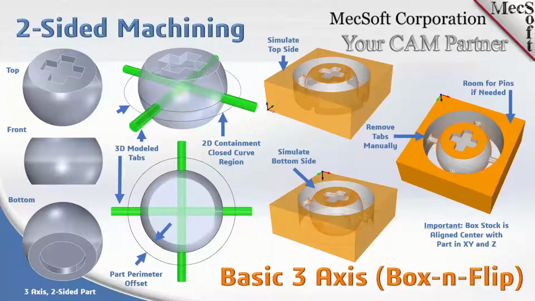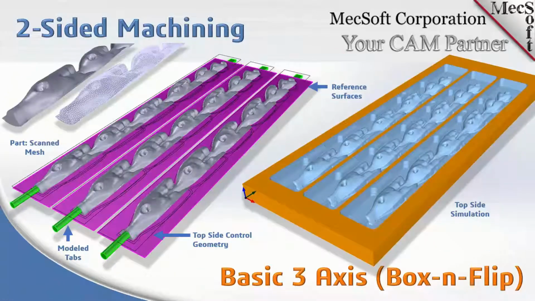So that's the basic box and flip in three axis. And I'm going to show you a production application for that. So you see we have the tabs modeled, they're in green. We've got three cylinder rods here on one end.